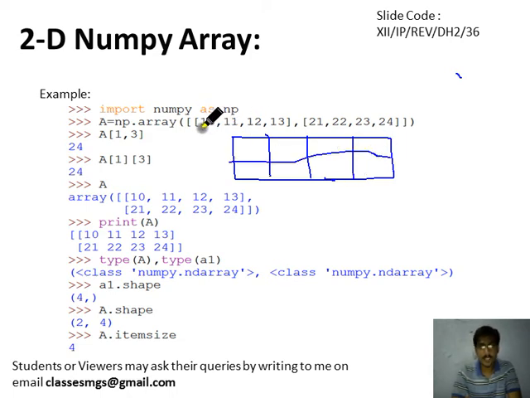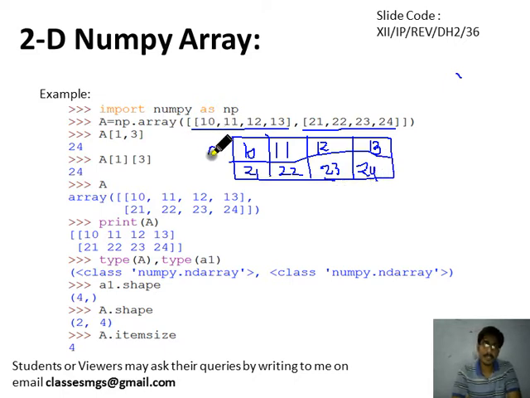This will become the first row because this is one list, and this will become the second row. So 10 will become the first element, then 11, 12, 13, then 21, 22, 23, 24. This is the NumPy array.